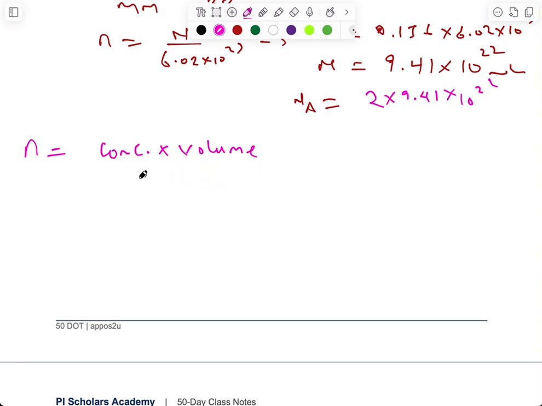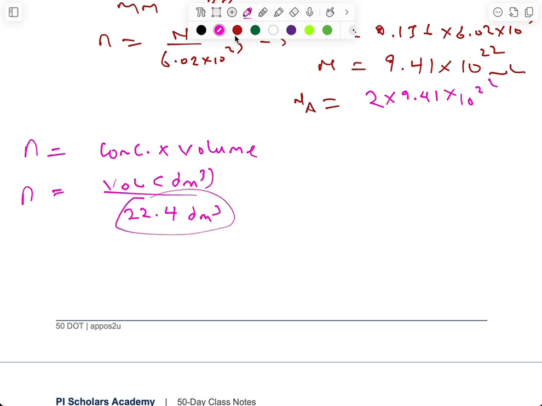Of course, this one we'll talk about better when we get to stoichiometry. Another thing is that number of moles can also be given in terms of, this one is only for gases, volume in dm cube divided by 22.4 dm cube. Why? Because this 22.4 dm cube is the volume that a gas will occupy at STP.